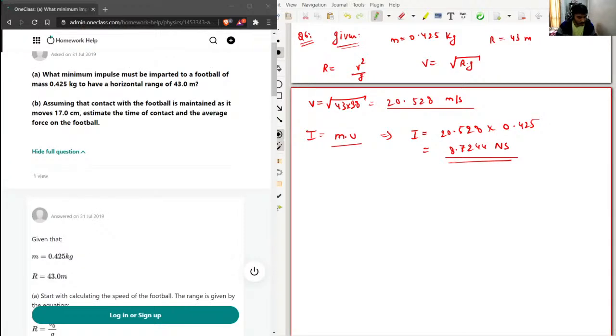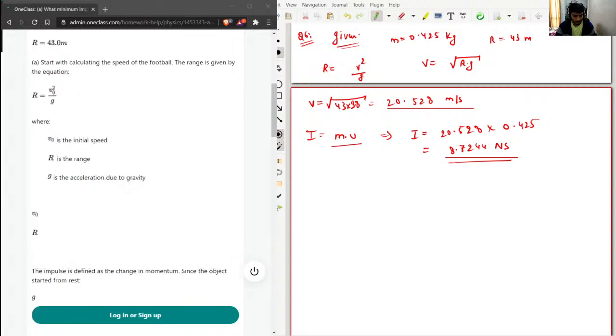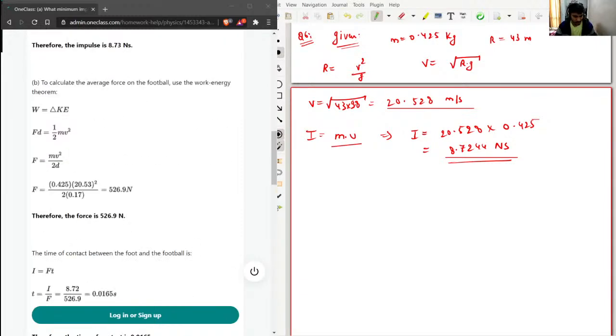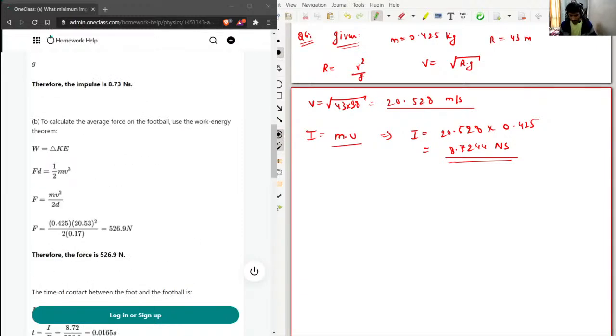Now it is saying that assuming that contact with the football is maintained as it moves 17.0 centimeter, estimate the time of contact and the average force on the football. So I'll just start with the solution given here. So for this, first we find the work done, which is nothing but change in kinetic energy, and the initial kinetic energy is 0, and work done is force into displacement.